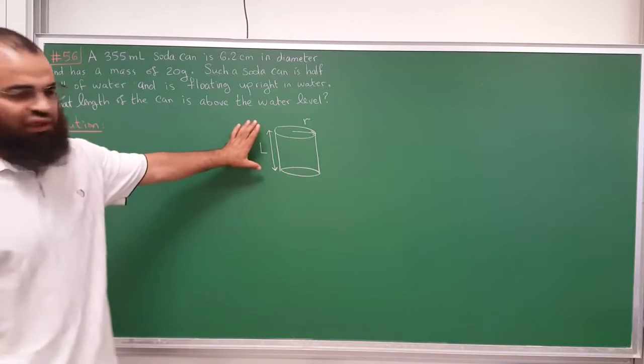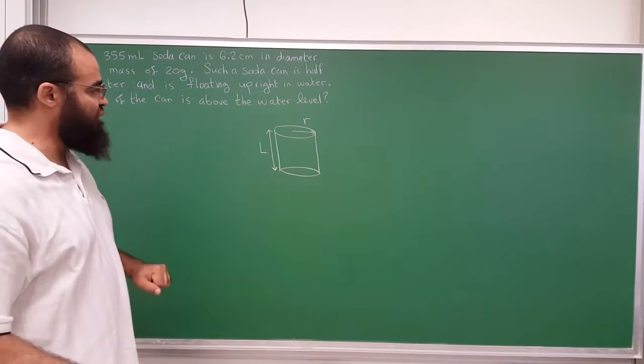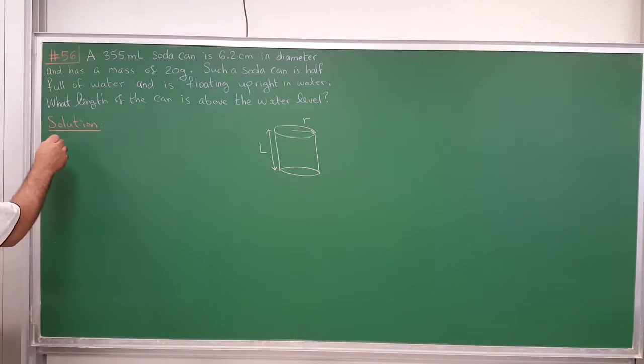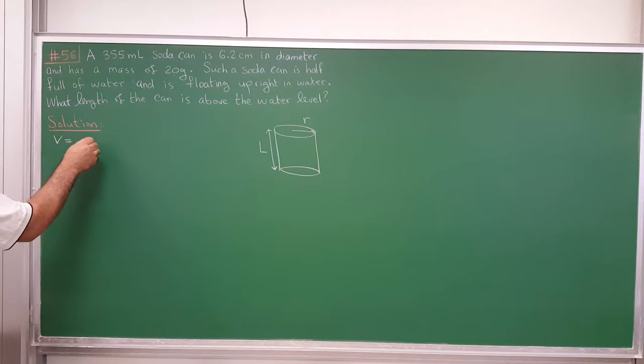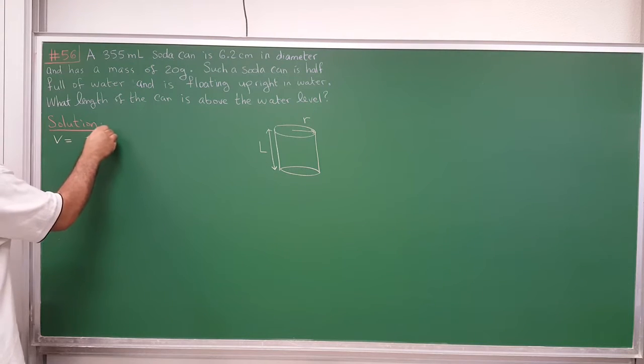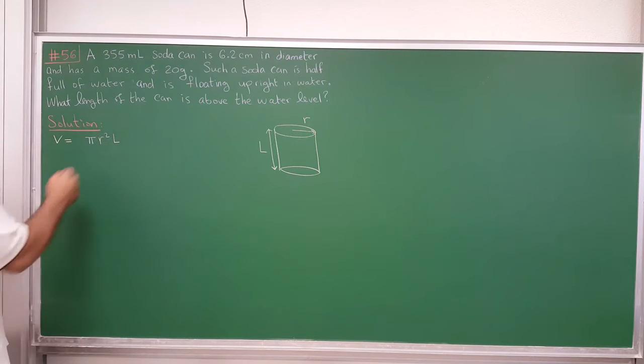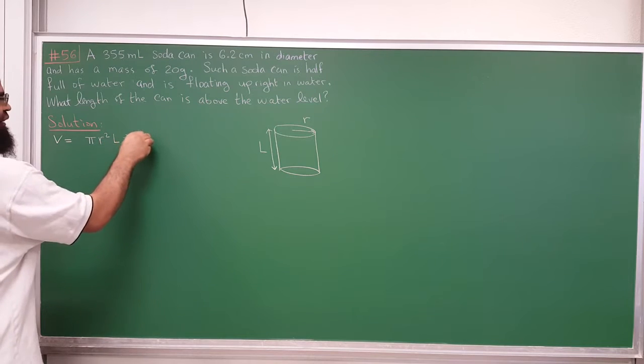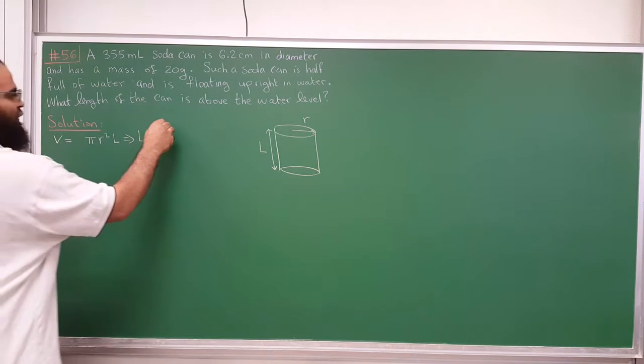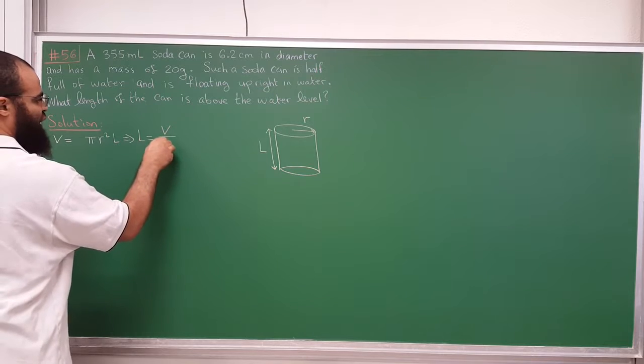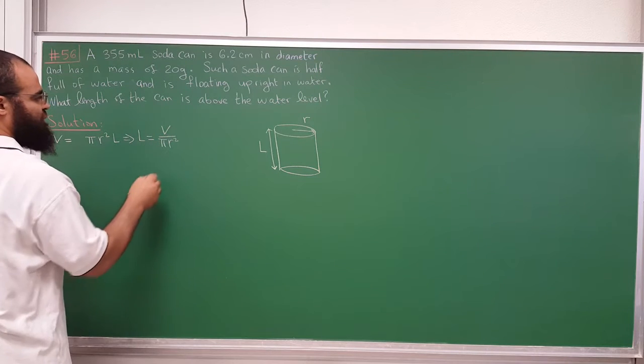We're not given the length of the soda can, and we're going to need it. So let's find it. It's a cylinder, so the volume is pi r squared times L.